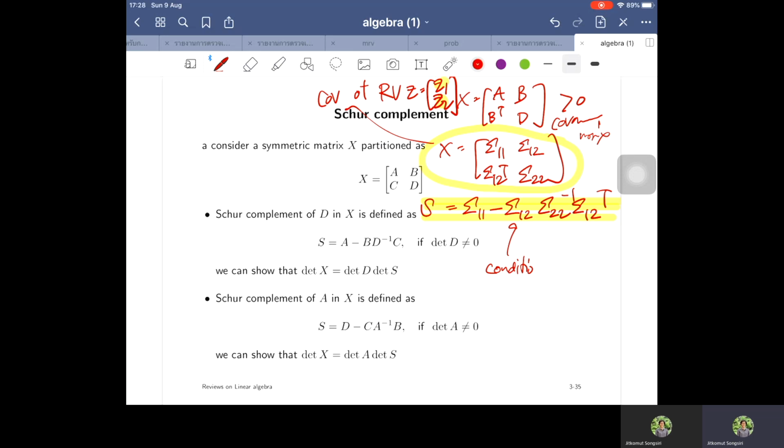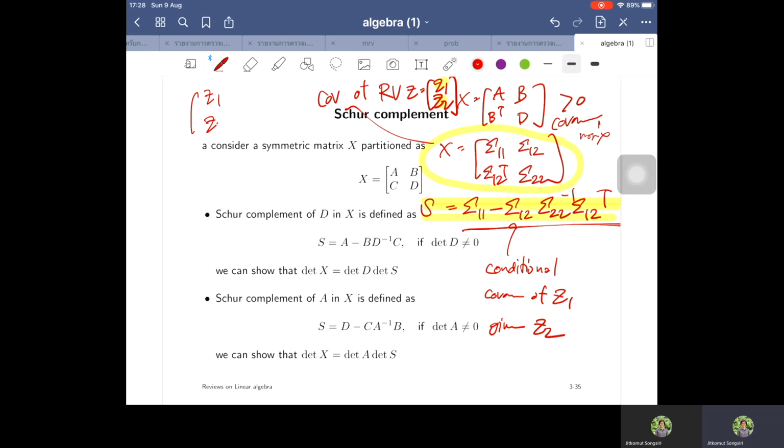The Schur complement of sigma 2 2 in X has a meaning: it is called the conditional covariance of Z1 given Z2.